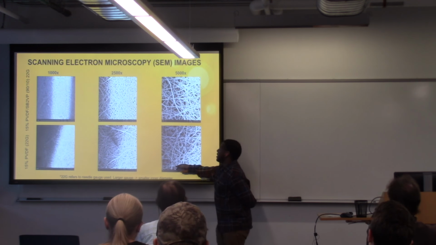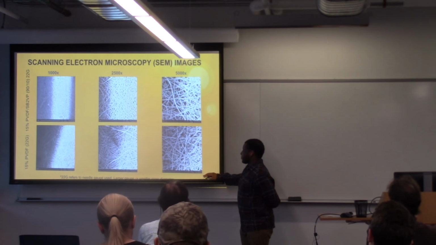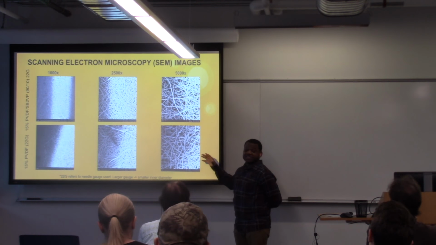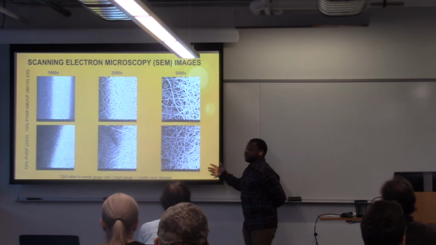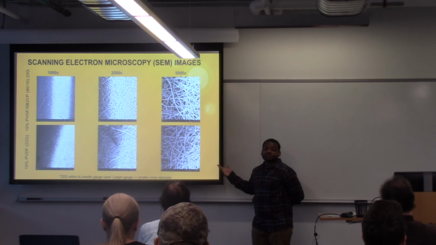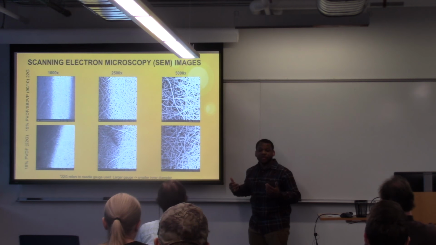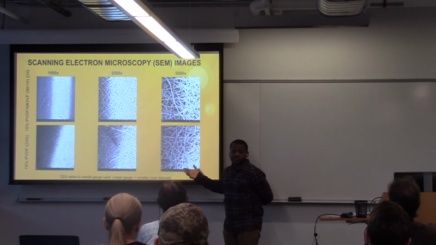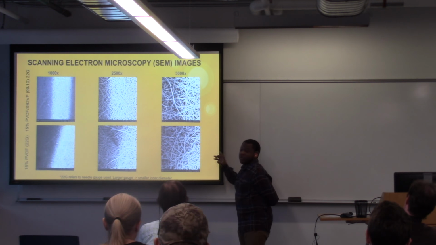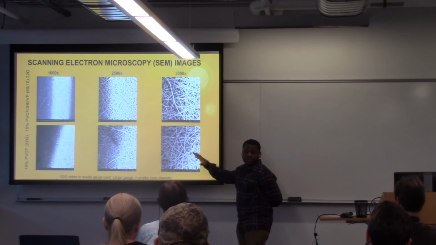And then 5000X is when you can actually see every fiber individually, which is good for comparison to see if the fibers are close together, separated, or if you have any clumps that are very small but you can't see from all the other applications.